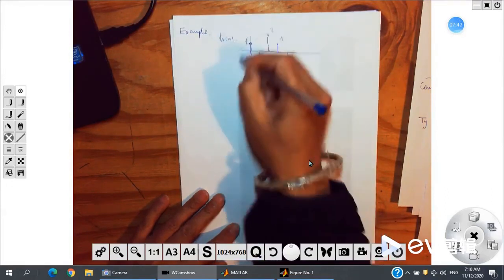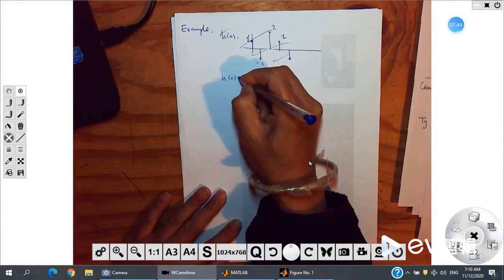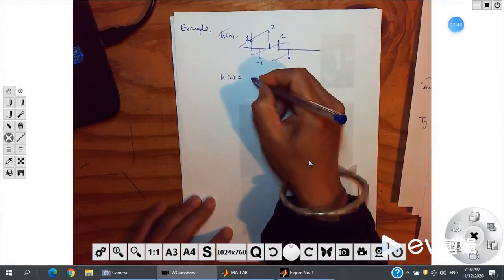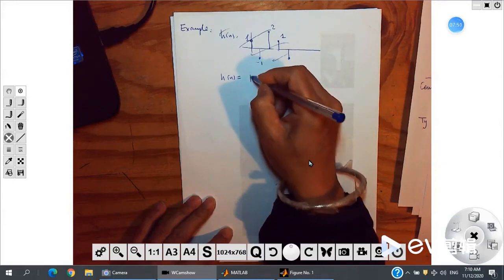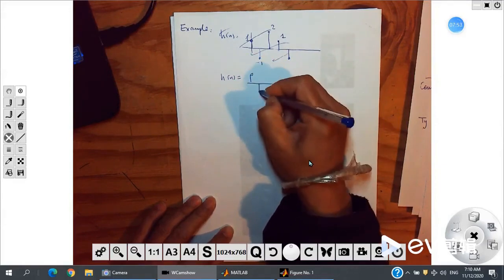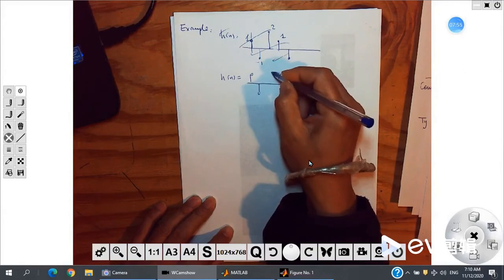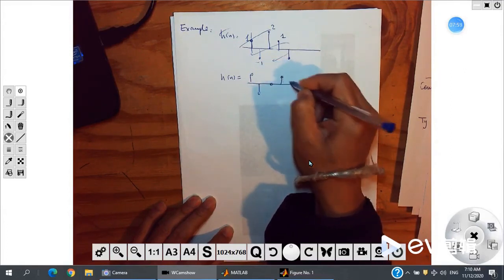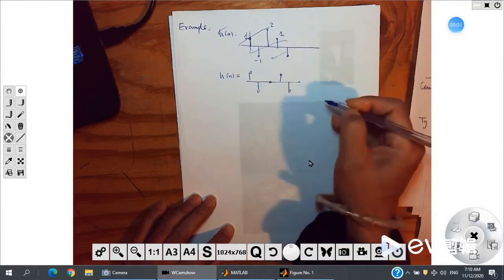Sorry. H of n equal to... Yeah. This one. If I give this 2, then okay, this is just 0. All right. Then this is this one. Like this.